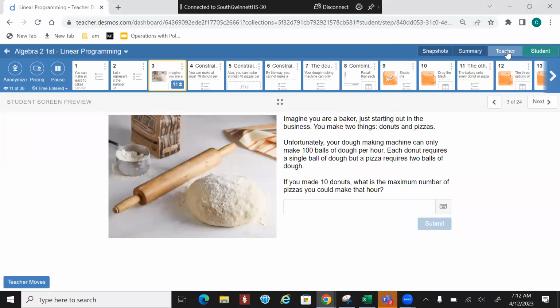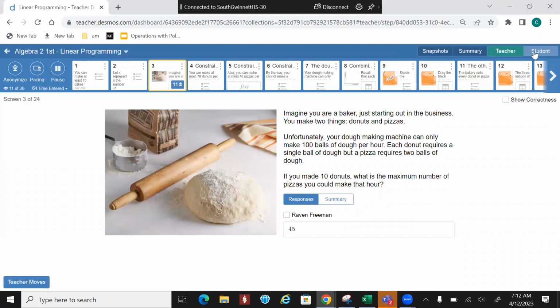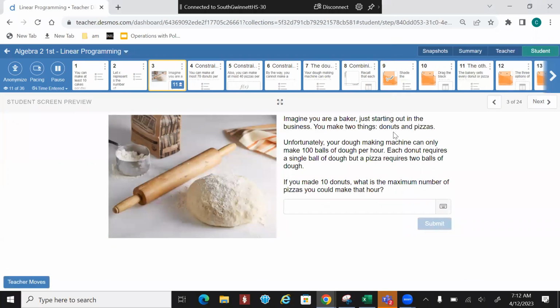Anybody else say 45? Okay. So how many can we make total in an hour? 100, right? Okay. So how did y'all get that? So if we can make 100 in an hour, what?